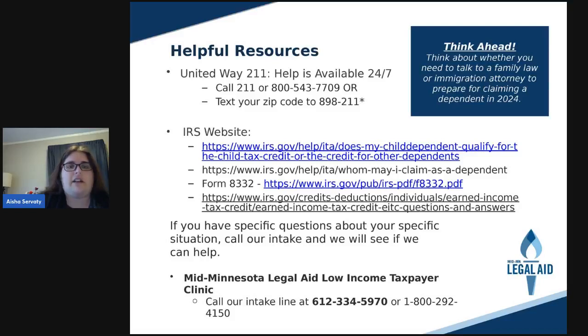Then there is some information from the IRS website if you are claiming a dependent. You can look up the different tests, and there's also an interactive tax assistant, which helps you determine who may claim a dependent. There's also IRS Form 8332 that allows you to release or revoke your claim to a child as a custodial parent.